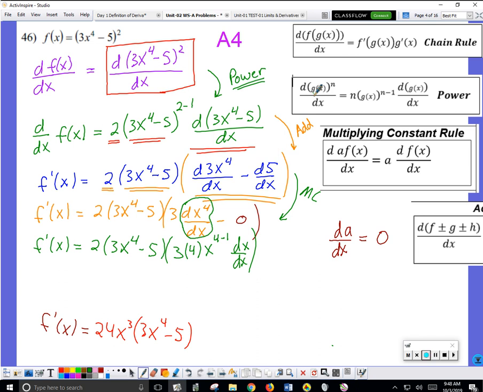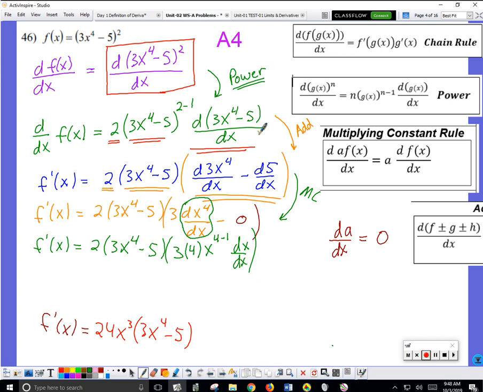So what happens is this, Cassidy. The first rule I had to apply was the power rule. When I apply that rule, it's essentially taking care of just this little part right here, the power. And I end up with all of this. Now I've got to take care of what was inside. So now I'm doing a derivative problem within a derivative problem. So I'm doing this piece. Well, the add-subtract rule broke this into two separate problems.